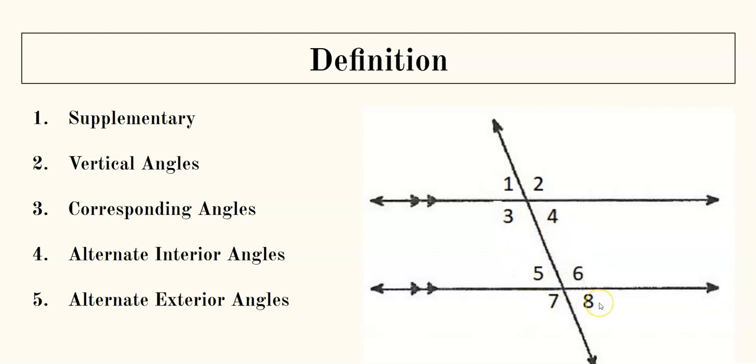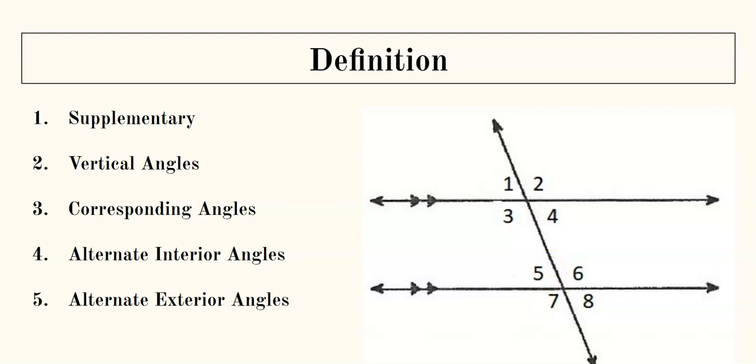We also mentioned alternate interior angles, which are just the angles that are inside the two parallel lines. We said that on opposite sides of the transversal, the angles are the same. So for example, 4 and 5 are diagonally the same, and 3 and 6 are exactly the same as well.